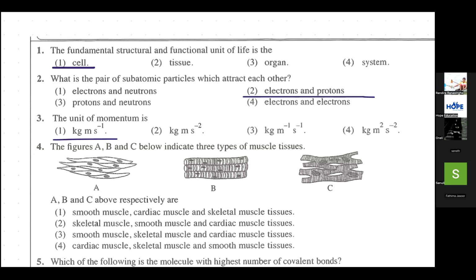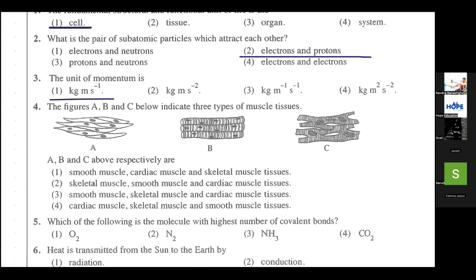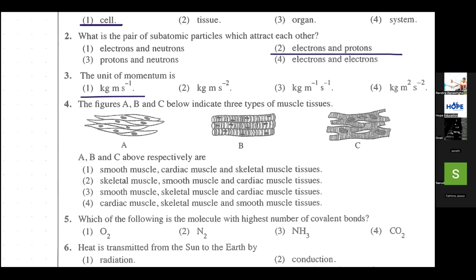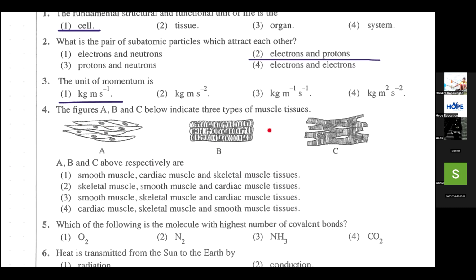ABC below indicates 3 types of muscle tissue. When we see them, we can tell A is smooth muscle tissue. Why? Because smooth muscle tissues are spindle shaped, they are uninucleate, right? B and C both have striations. B has long cylindrical cells and many nuclei. It's multinucleate, there are striations.